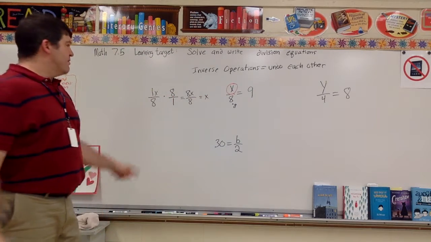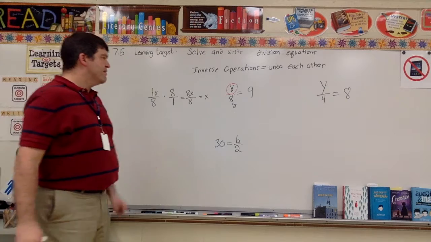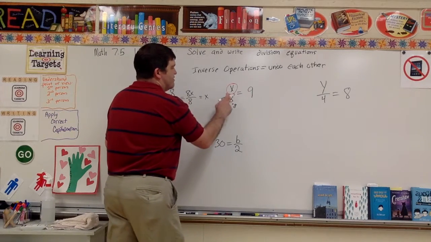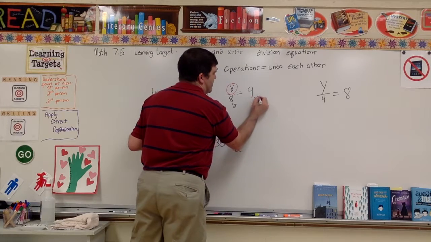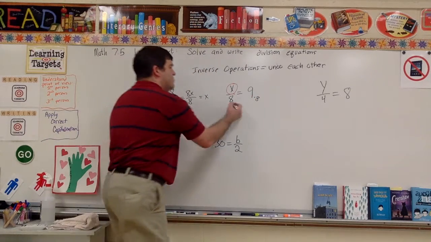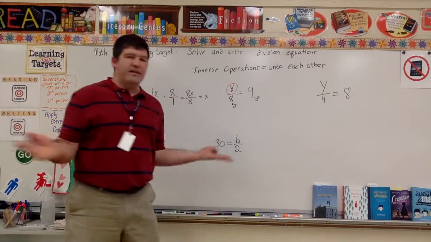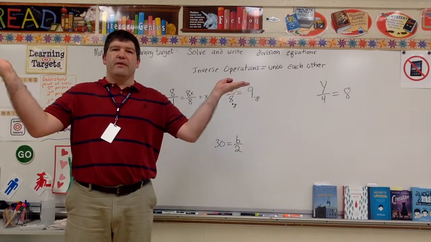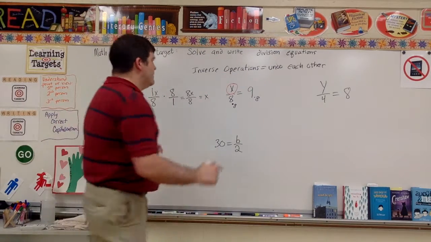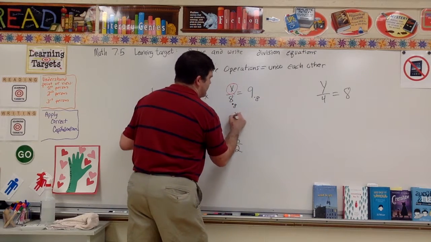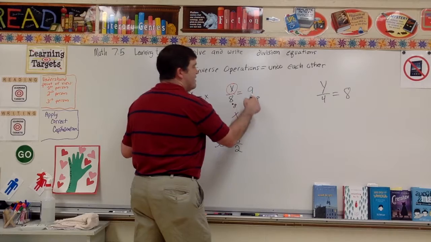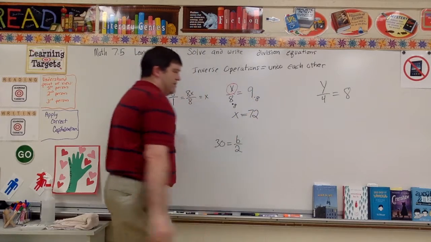So I times it by 8: x over 8 times 8, and then 9 times 8. I've got to times each side by the same number. So x over 8 times 8 is just x. 9 times 8 is 72.